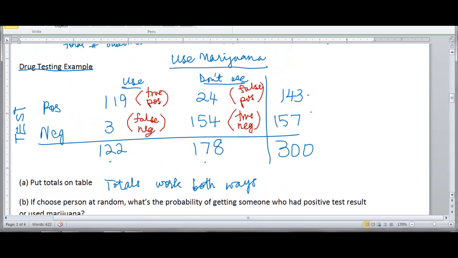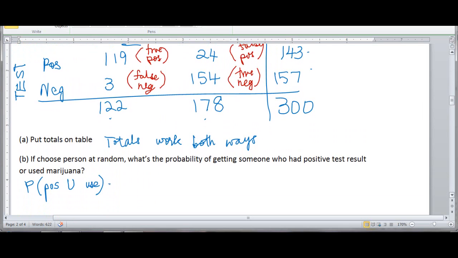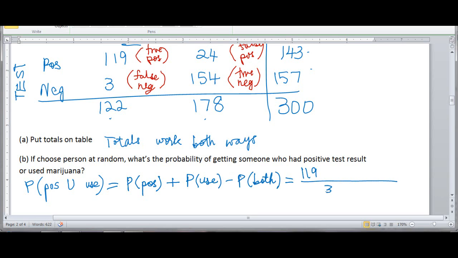So if you remember from before, the addition rule tells us that this is the probability of positive plus the probability of use minus the probability of both. What is the probability of getting a positive test result? And this is all out of 300.